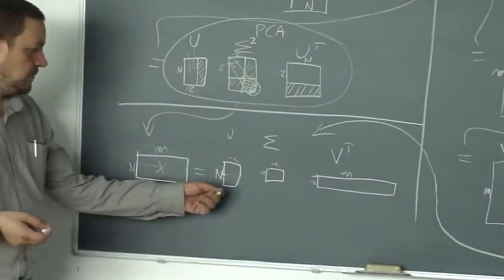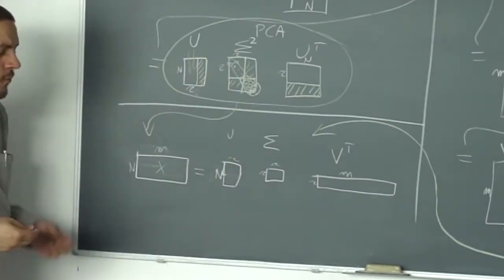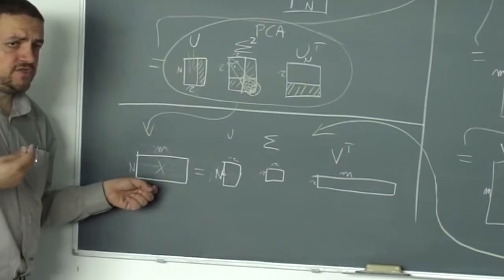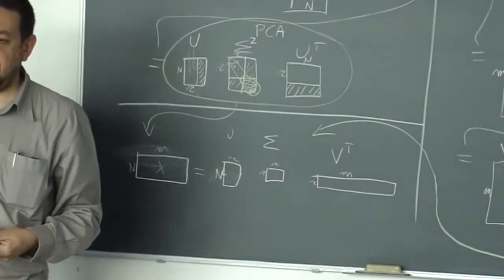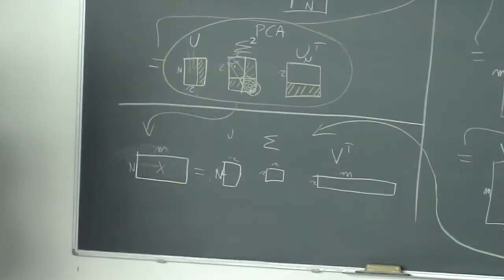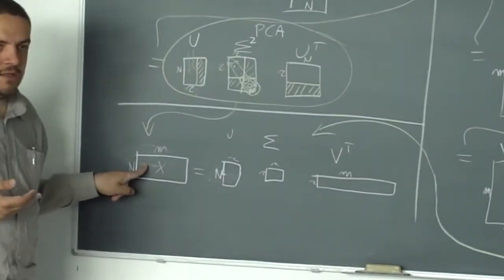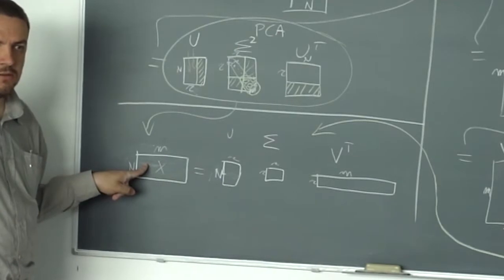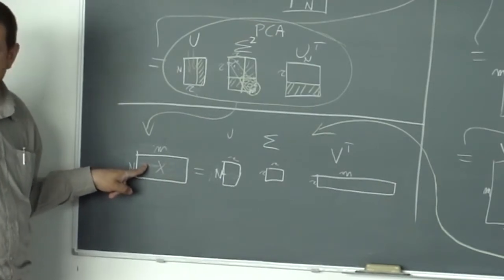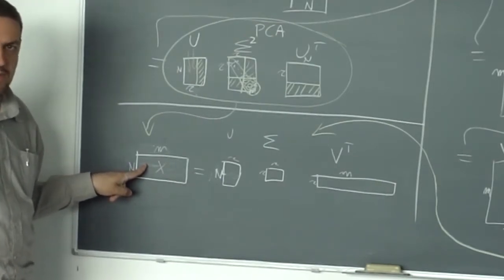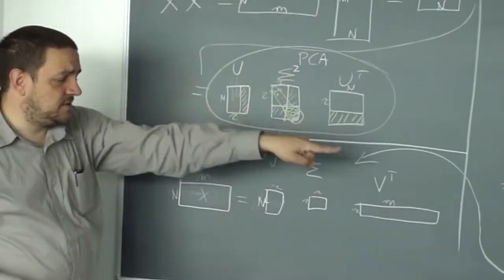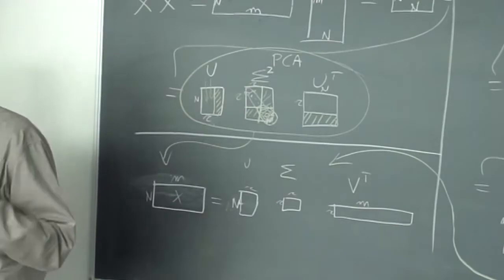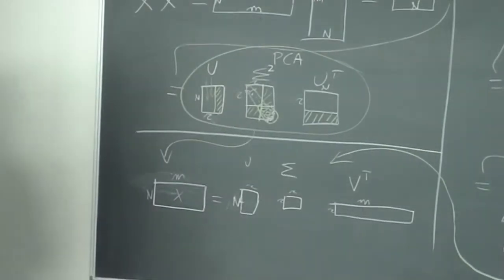Finally, you see this decomposition, when multiplied, gives the original matrix. So, even though these matrices can be smaller, they retain all the information that was in the original matrix. This is the important part. In all these steps, we haven't actually removed any information.